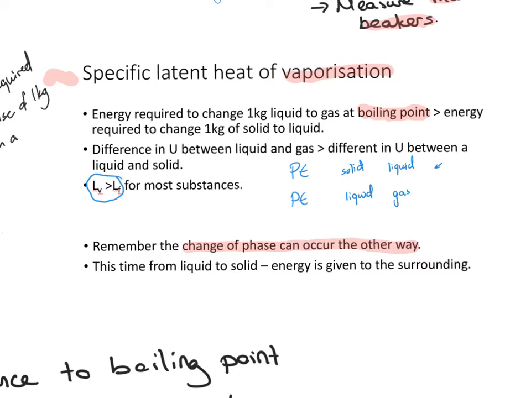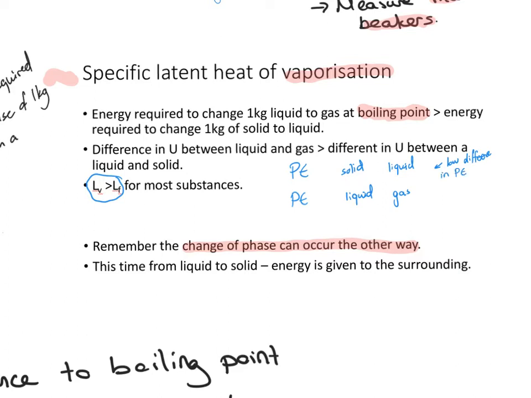So that means that the potential energy required for both of them to overcome those electrostatic forces is quite small, the difference between them, because they both have quite high electrostatic forces. So there's a low difference in potential energy between those two states.